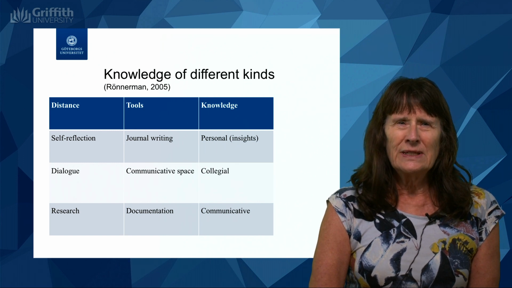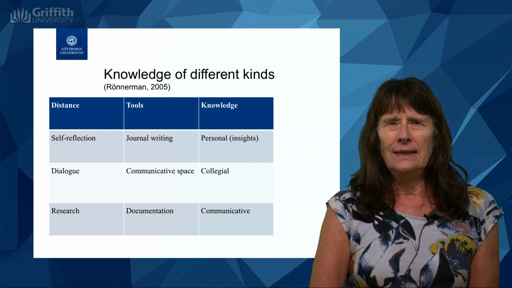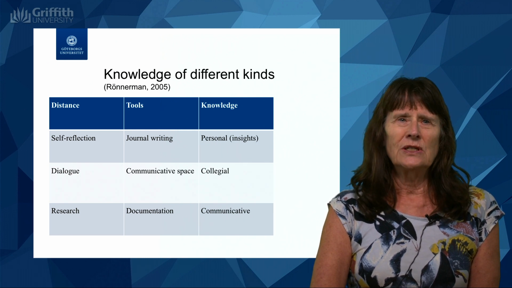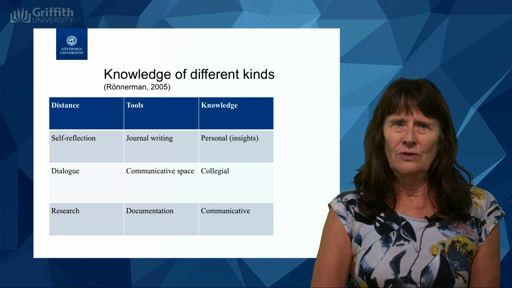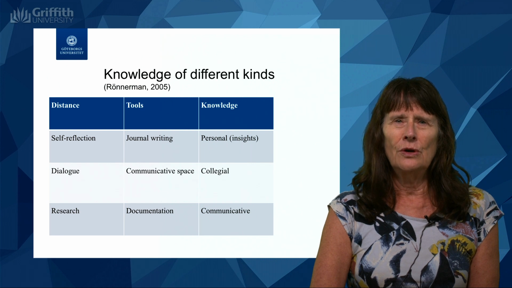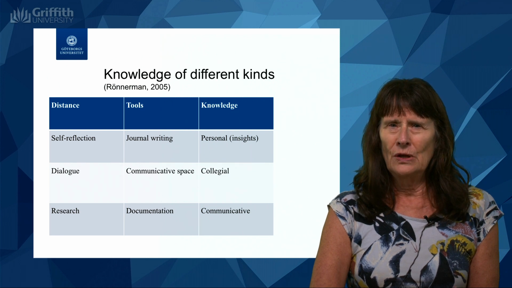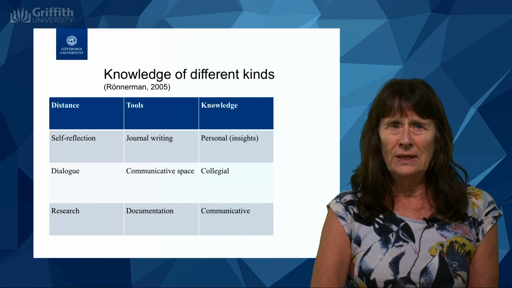To understand what is happening in an action research process, you can talk about different kinds of knowledge, and just to use an image of distance, to take a distance from what you're doing.